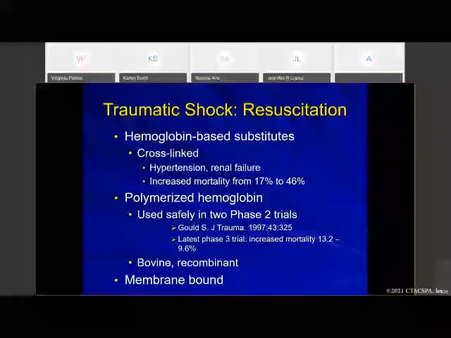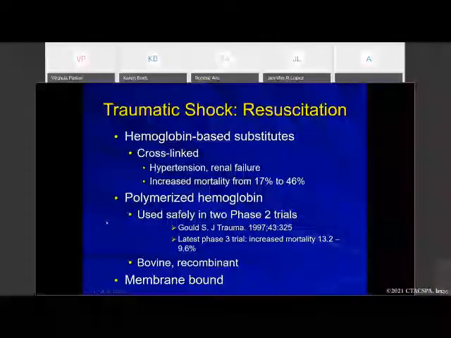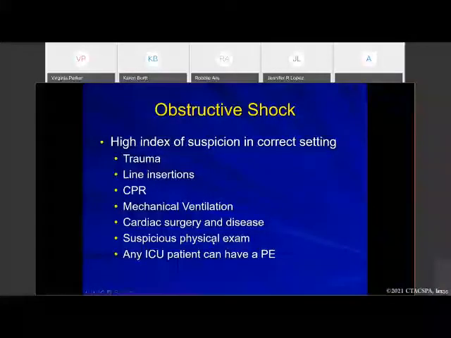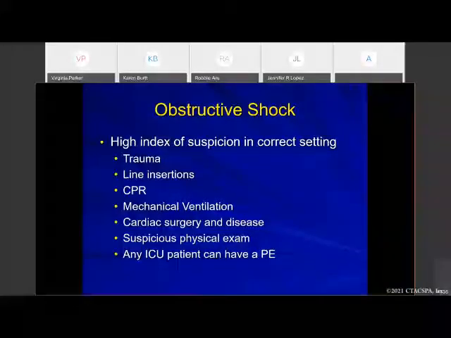This is also a listing of the hemoglobin-based substitutes we had, which none of them are on the market now. I was involved in the study with the polymerized hemoglobin. Basically, it's pretty safe, but it's hard to give it to patients without their consent. Anyway, just so you can have that reference in case you need it. I don't think you'll see any questions on it.